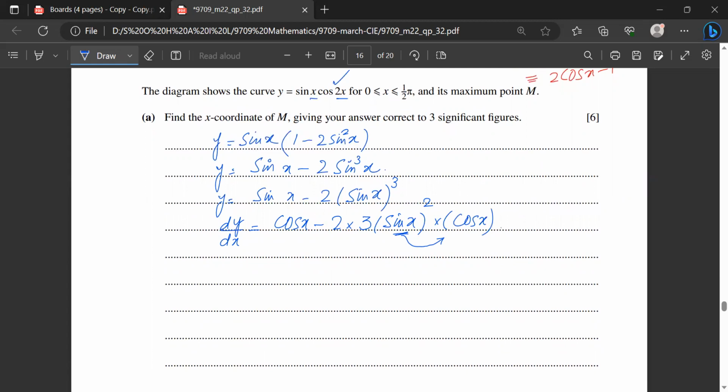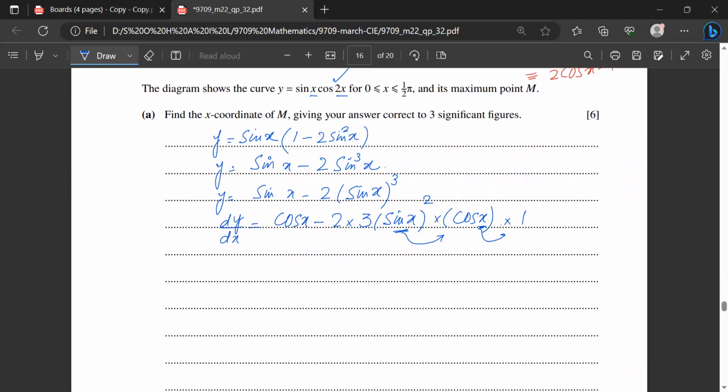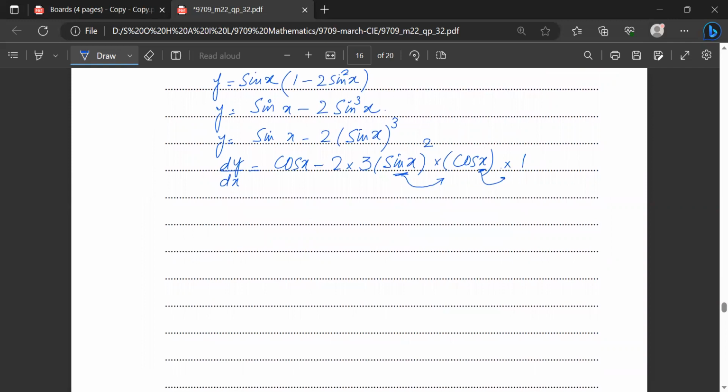So this is the derivative of the base, and the angle is x, so the derivative of the angle is 1. By the chain rule, dy by dx is equal to cos x minus 6 sin squared x cos x.